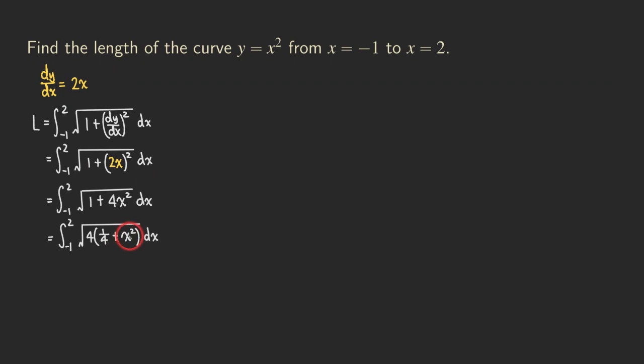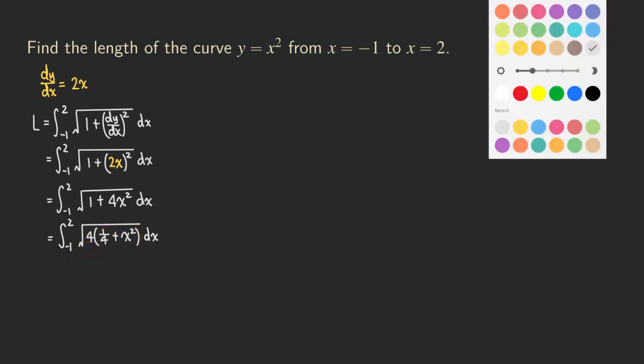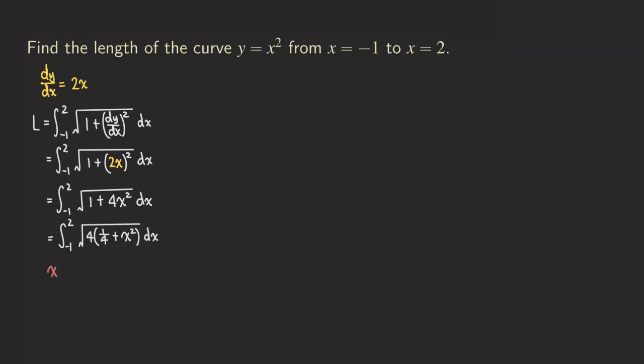Based on the x squared plus 1 over 4, that tells us that we're going to make the substitution, which is to use x equals 1/2 tangent theta. Okay, so we have to use that. And then from there, we also need to find the derivative of x with respect to theta. So we have to find the dx.